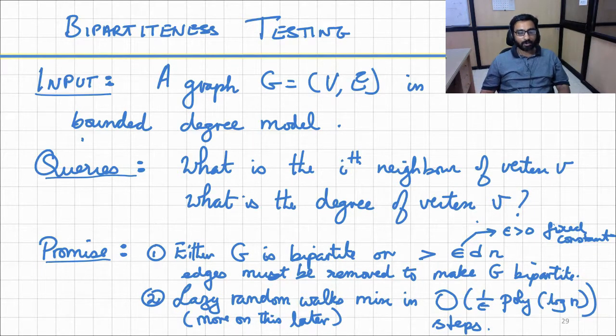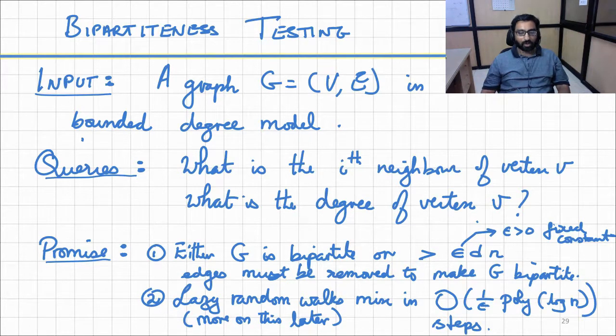The second promise that we have is that lazy random walks mix quickly in this graph. In particular, the promise is that a lazy random walk, as we have described just a little while ago, will mix within O of 1 over epsilon polylog of n number of steps.